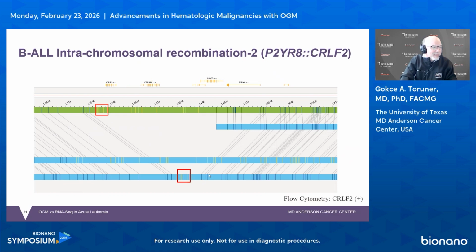Perhaps this one is that one, but honestly, neither the computer nor I can make the call unequivocally based on this information. But probably the underlying data is there, but it simply is not detected. And for this case, we also have CRLF2 overexpression by flow cytometry studies.